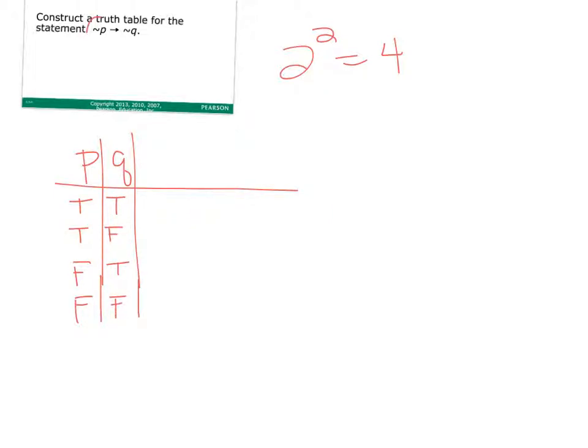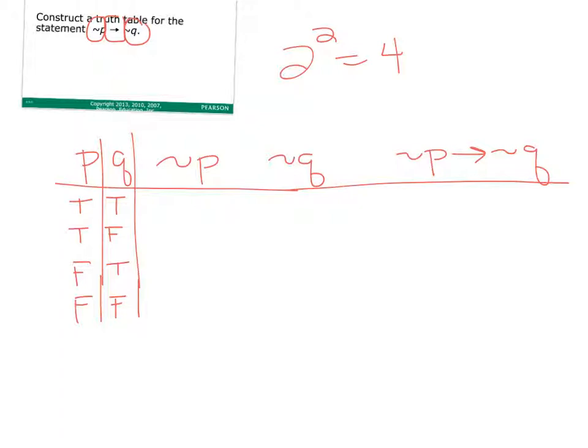Okay, you're going to have to first find the left-hand side, not P. Then you're going to have to find the right-hand side, not Q. And then you're going to have to find not if not P, then not Q. Once you have all that done, the answer in the last column will be your truth table values.